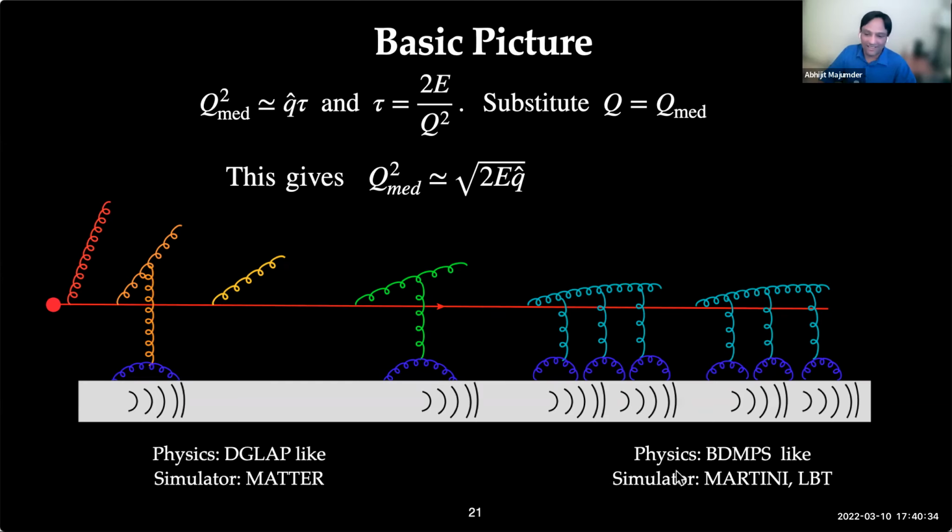I always like to point out the D in both is the same person, Yuri Dokshitzer. So we call this the BDMPS-like stage, where there are lots and lots of scatterings and rare emissions. Simulators that simulate this are MARTINI, which is developed by the McGill group, and LBT, which is developed by the Berkeley group.